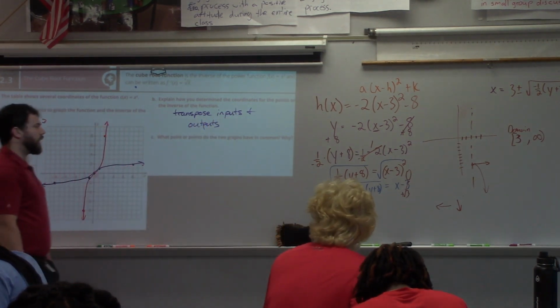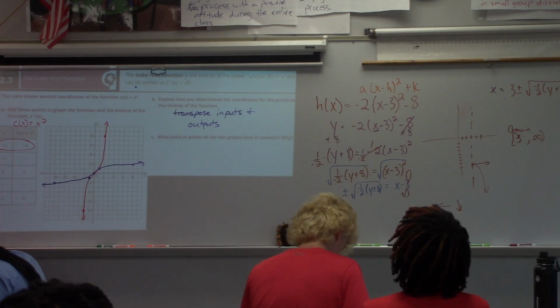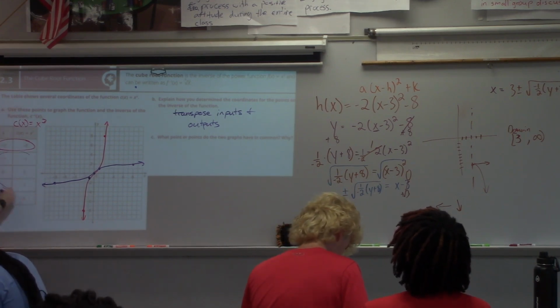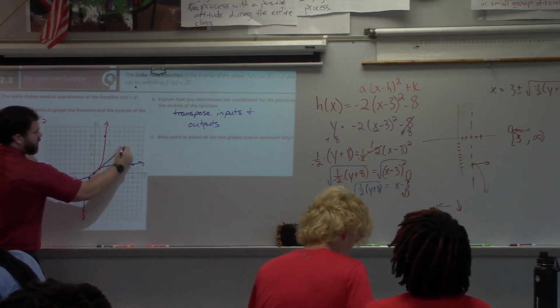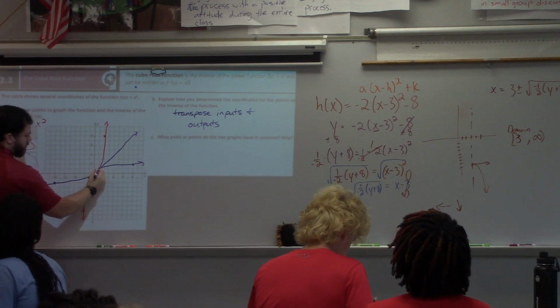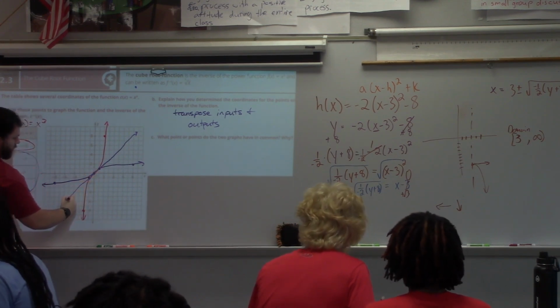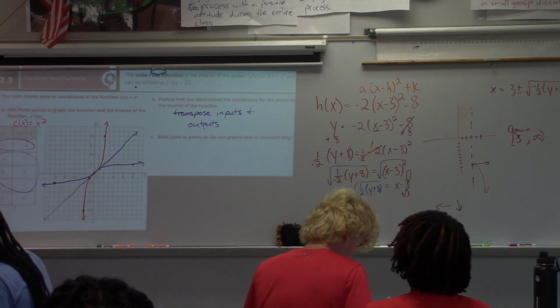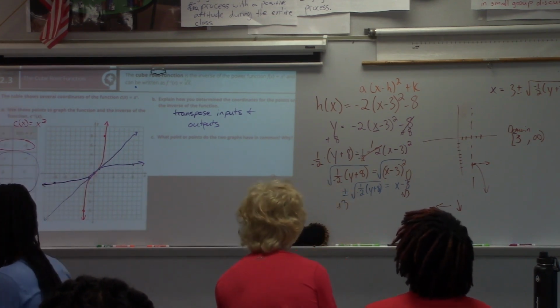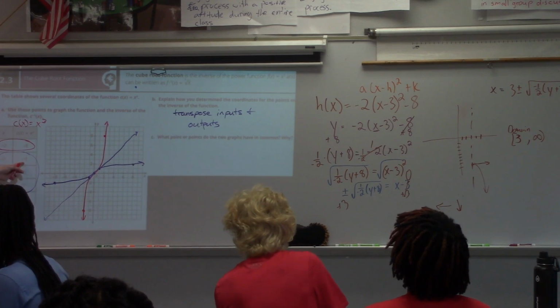What points do the two graphs have in common? Why would all three of those be in common? They got the same input and output, right?